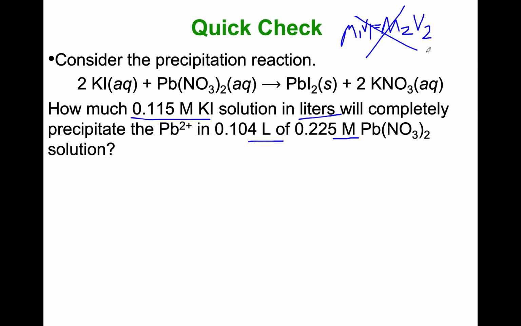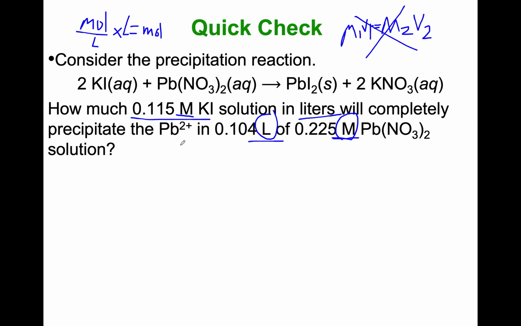Moles to moles. Okay, well, we're not in moles, we're in molarity. But if we have molarity and volume, remember that's moles per liter. That's liters. We actually have moles. Okay, so we can get moles in one step.